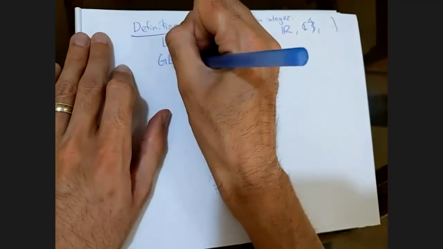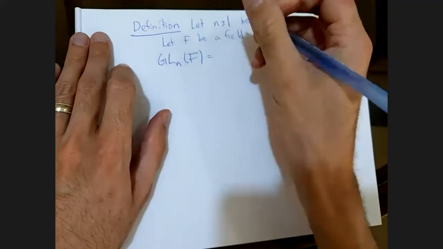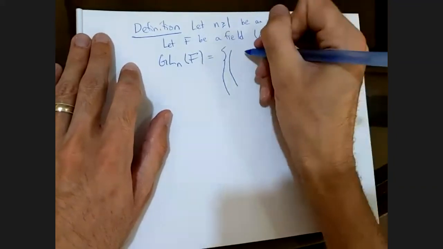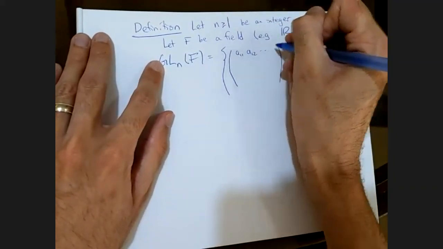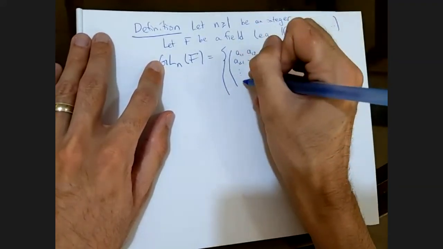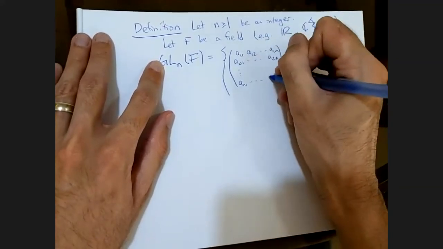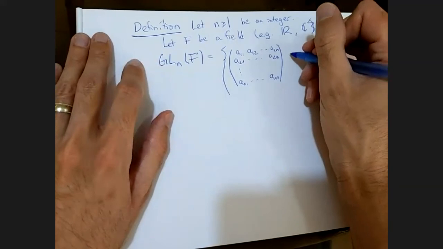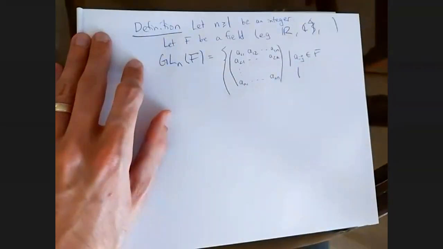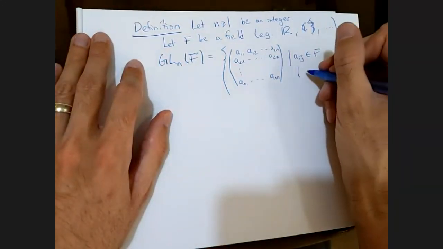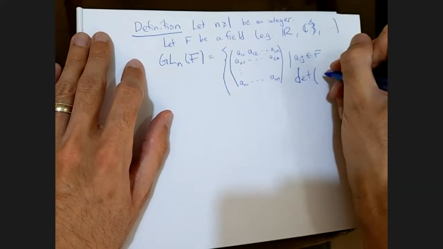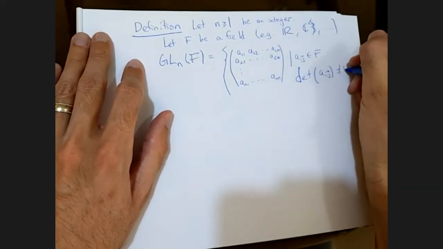Okay, then we define GL n of F to be the set of n by n matrices such that the a_ij are in the field and the determinant of this matrix is non-zero.